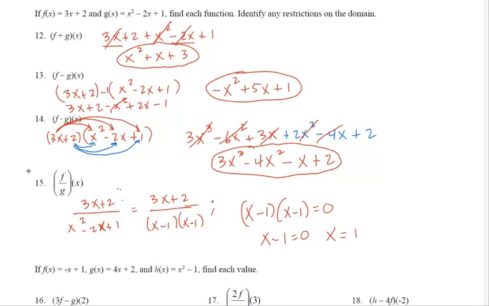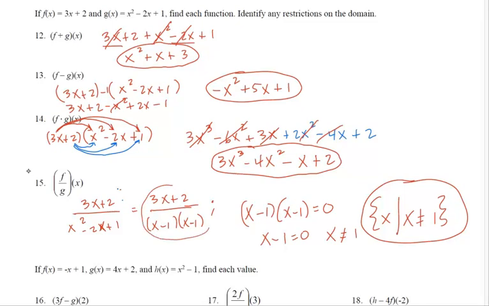So the restriction is that x cannot be 1, and so here's our notation. The domain is all the x's such that x can't be 1. So it's really a two-part answer. This would be answer part 1. Either of these would be okay, since you can't cancel. And then answer part 2 is this is the restriction.